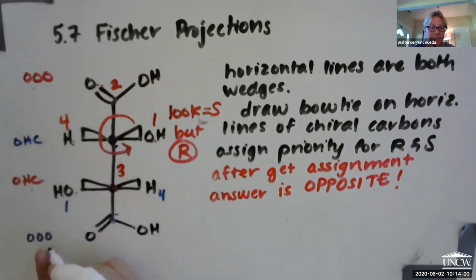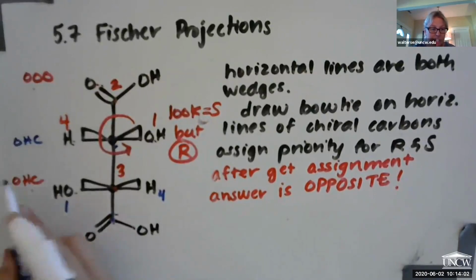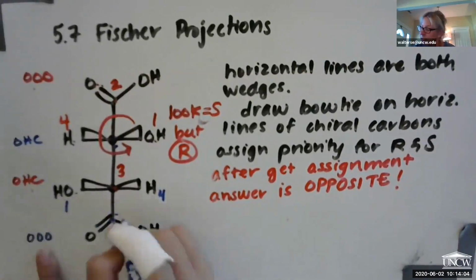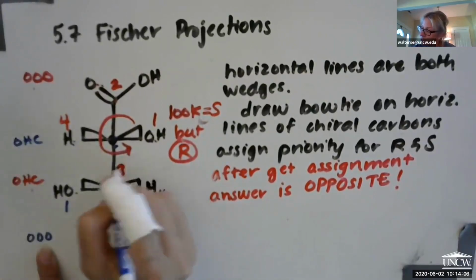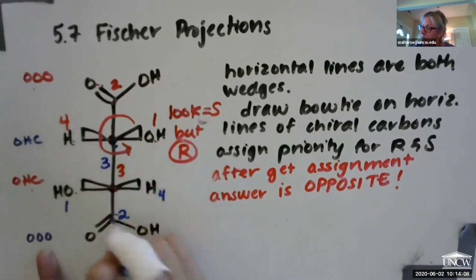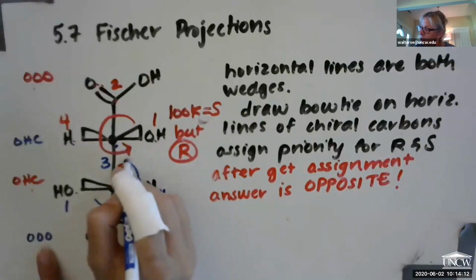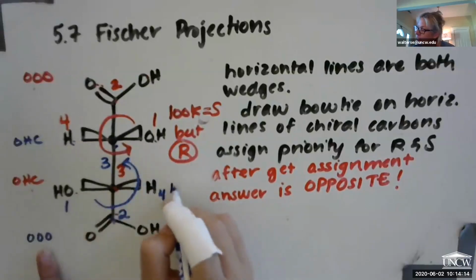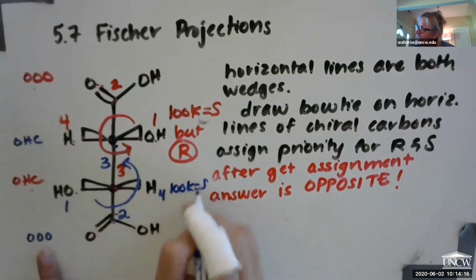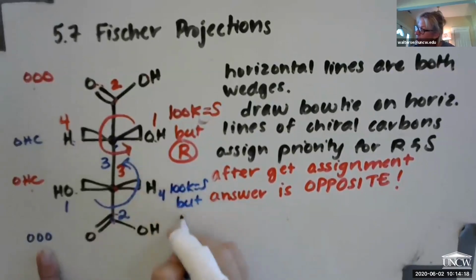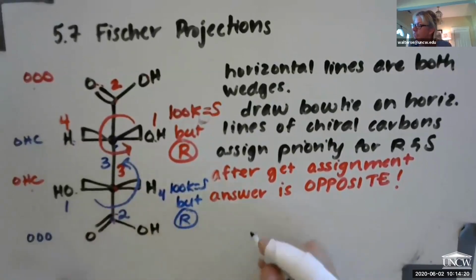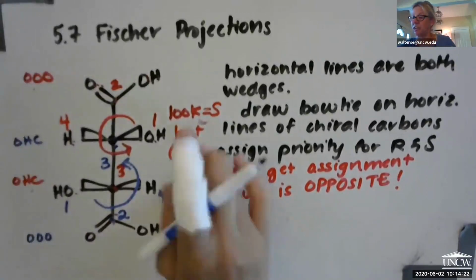So the set of 3 oxygens beats this. So this is 2, 3 is at the top. Draw your connecting line, 1 to 2 to 3. This looks like S, but you flip it and it's R. So this Fisher projection is RR.